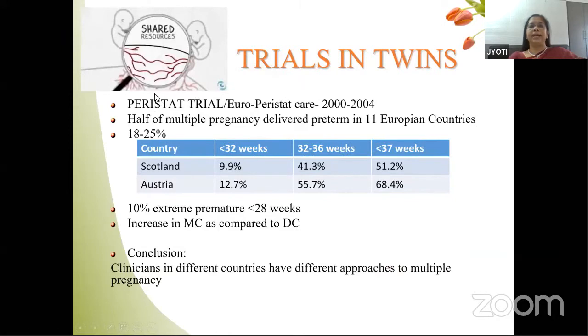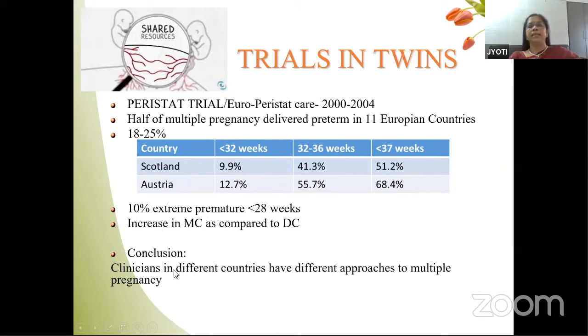One is the Peristat trial, which was done in 2000-2004. They looked at 11 European countries to find out what the preterm labor rate is in these countries. They found in Scotland it's 9%, in Austria it is 12%, with 10% extreme premature.